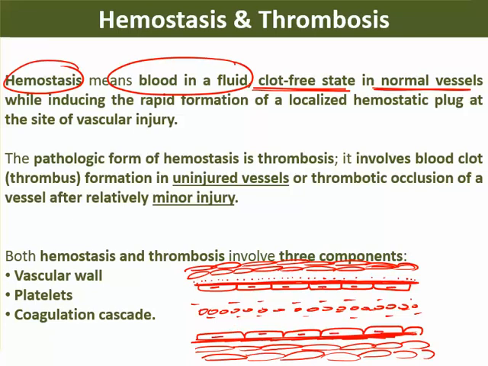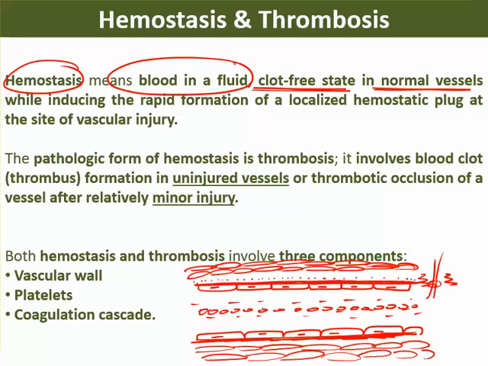Now you all know that if the blood vessels are normal, the blood should be in a fluid state, which means a clot-free state. If the blood vessel is damaged, immediately the blood will leak, it will bleed.